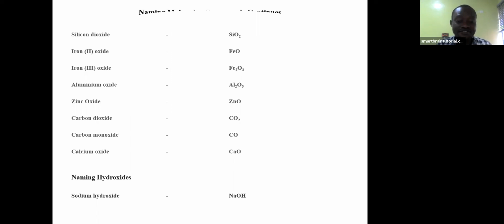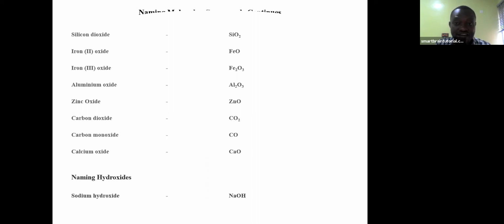Next is silicon dioxide, which shows that the oxidation state of silicon here is 4. That is why you have 2 atoms of oxygen, because the 4 balances the minus 2 for each oxygen.